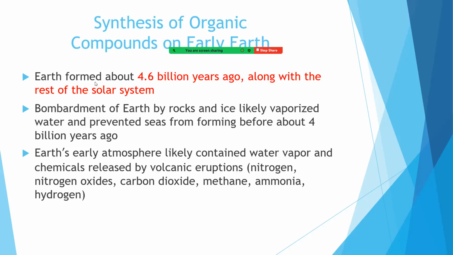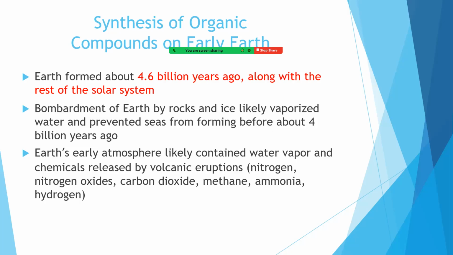So the Earth formed about 4.6 billion years ago, along with the rest of the solar system. And what we found was that after the Earth was formed, the bombardment of the Earth by rocks and ice likely vaporized water and prevented seas from forming before about 4 billion years ago.